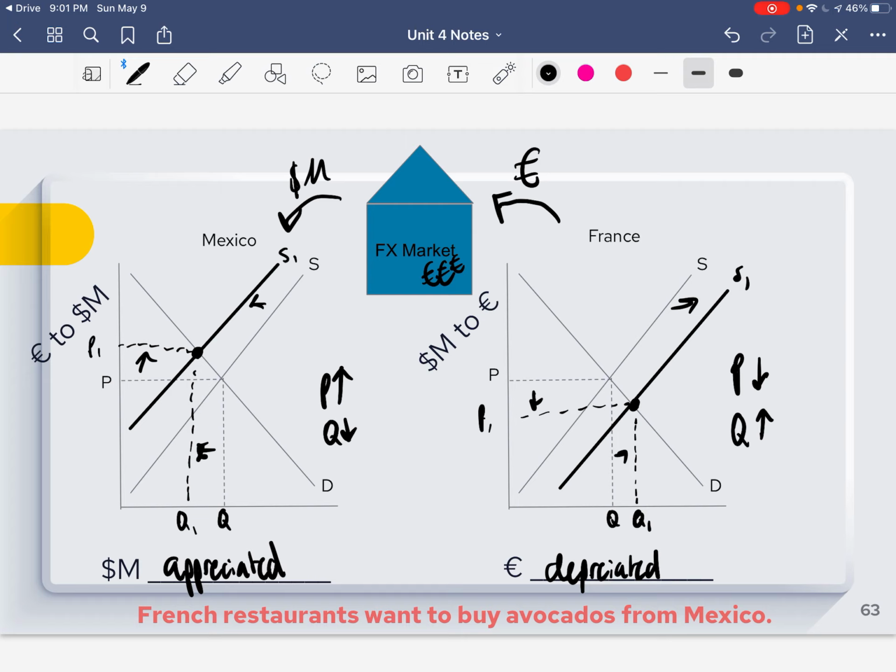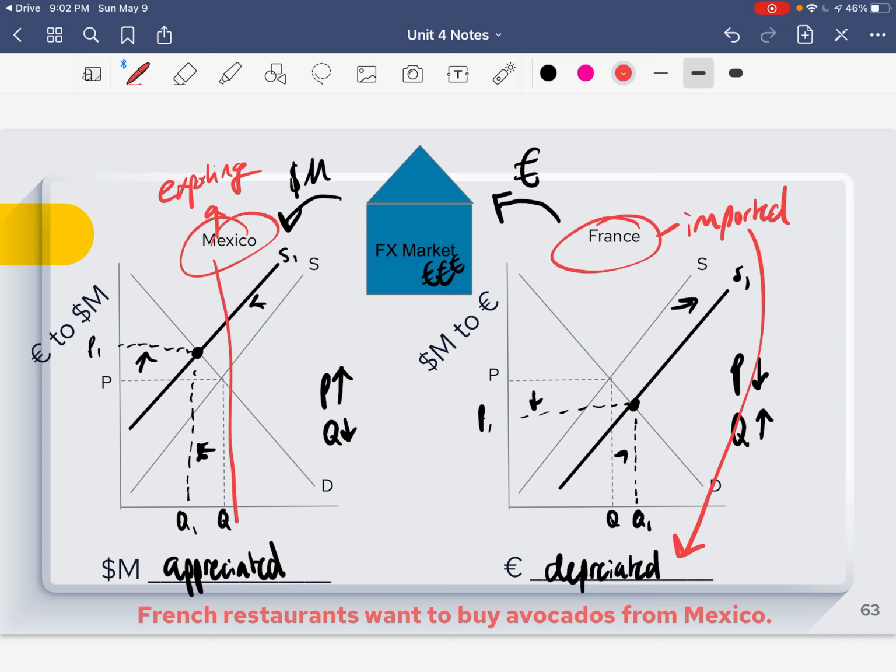It got more important. So what I want you to notice here is that France was importing. And when they imported avocados from Mexico, their currency became less valuable. Okay? Mexico is exporting, right? They're taking those avocados and sending them, trading them with another country. And when they export, look what happened. Their currency appreciated.